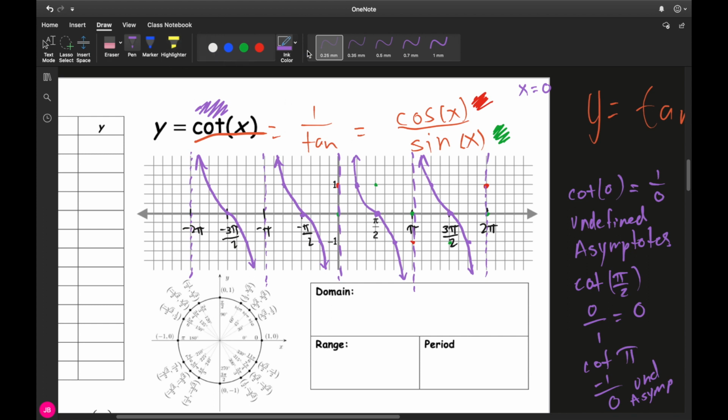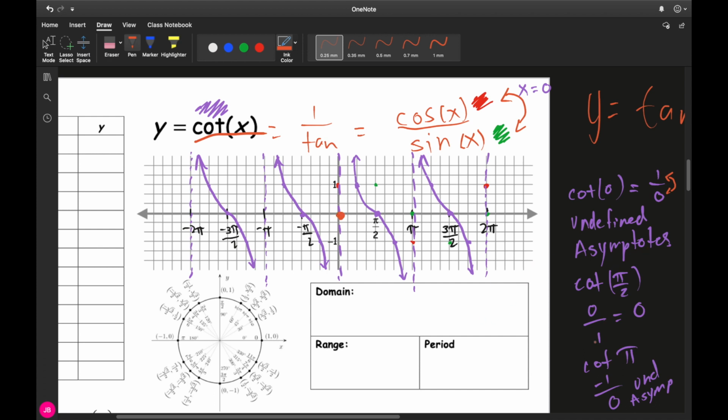Now, let's go ahead and graph tangent just so that you guys can see what the difference is. So tangent, remember, is the reciprocal of cotangent. So we flip this, right? And let's think about what would happen if we actually flip this. So for example, let's look at cotangent of 0. Well, if we were to flip this, then my value would be 0 instead of an asymptote, right?